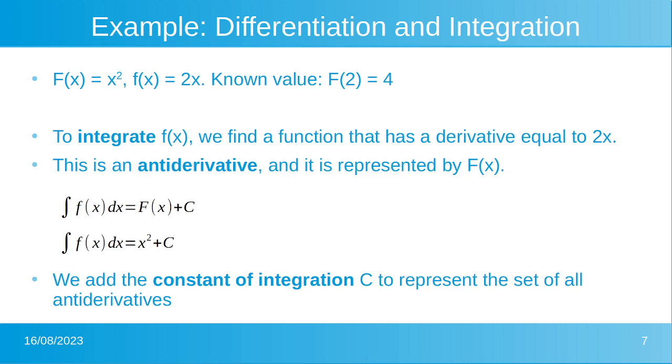So to integrate f of x, we want to find a function that has a derivative equal to 2x. This will be one antiderivative, and we're going to represent it by capital F of x. So by our definition, the indefinite integral of f of x with respect to x is equal to capital F of x plus c.